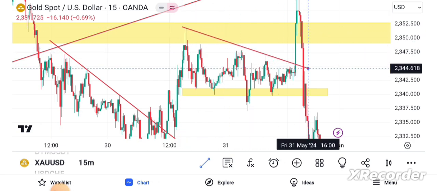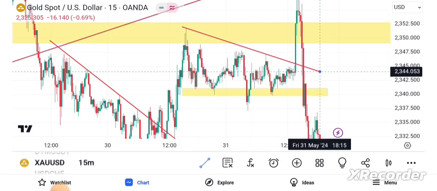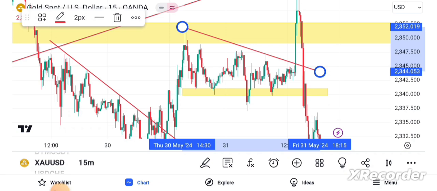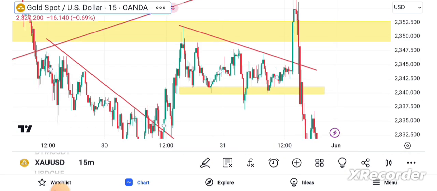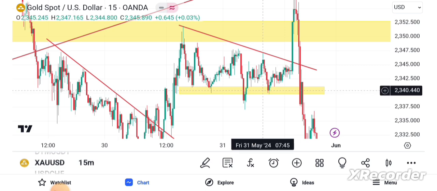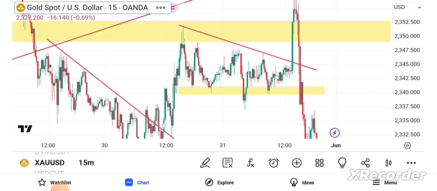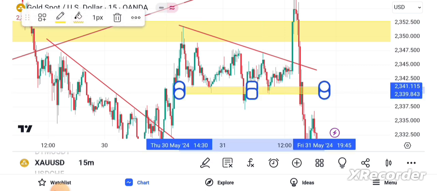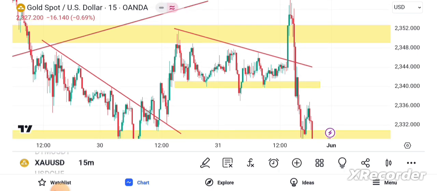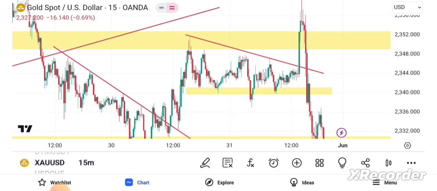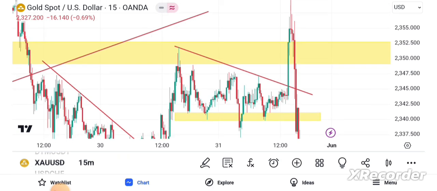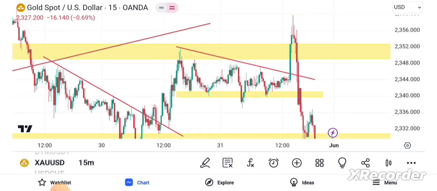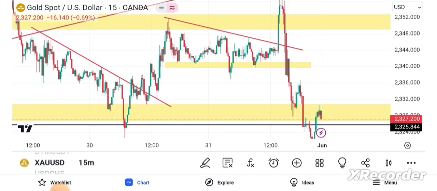So we have price acting like this here with this zone. So we've seen how price was at this zone, how it broke out, then came back, broke and dropped.